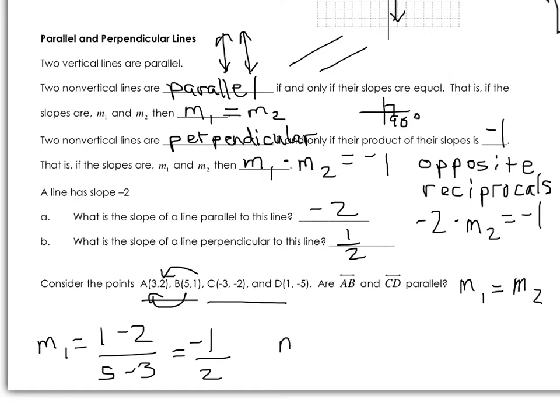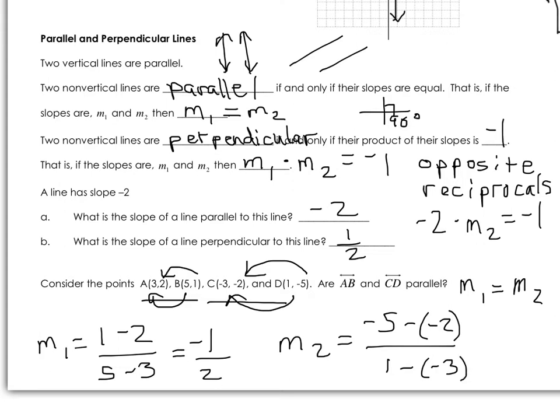Now let's find our second slope, the difference in the y values, -5 minus a -2 over 1 minus a -3. -5 minus a -2 is -5 plus 2, -3. 1 minus a -3 is 1 plus 3, 4.